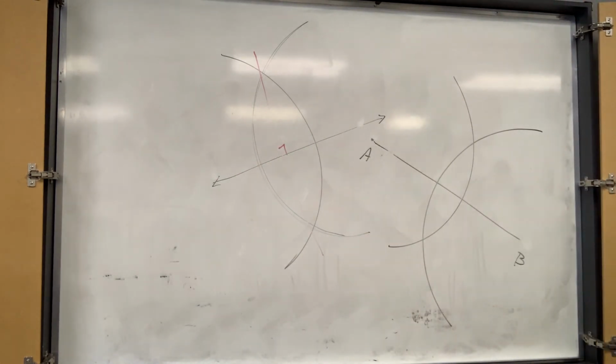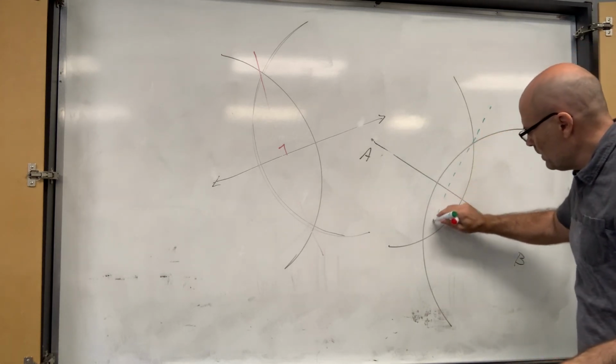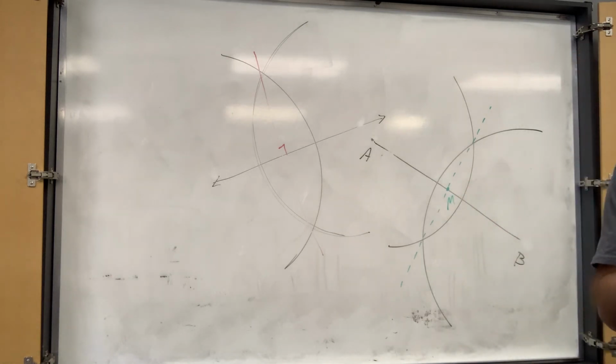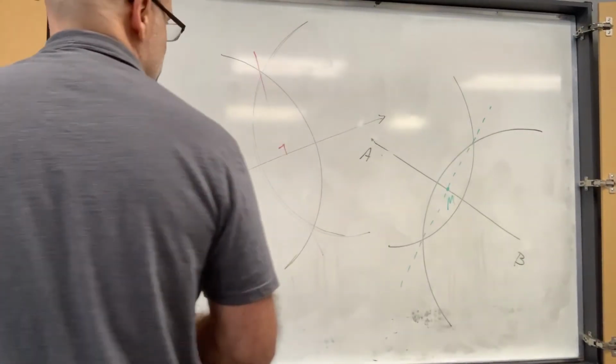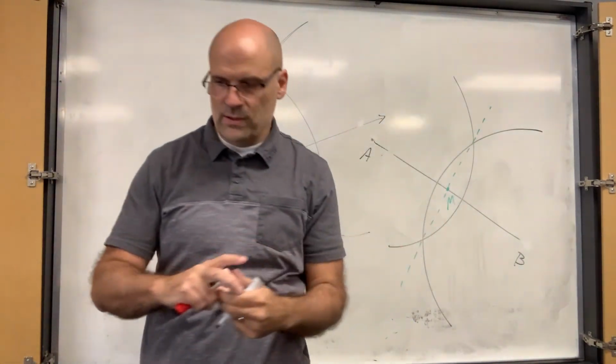If I connect those two, that forms what we call a perpendicular bisector. So that is the midpoint. It's very important to keep that compass the same distance apart, and then you can create that.